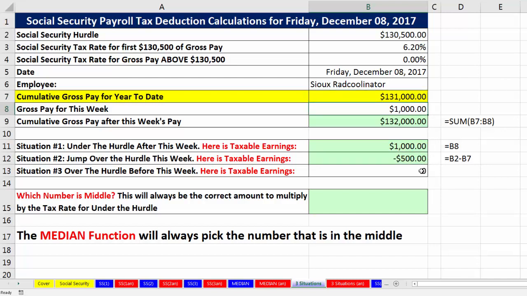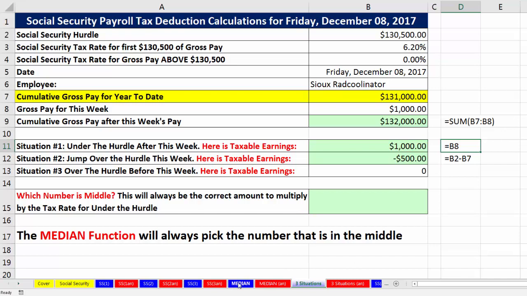If we were to sort them from the smallest number, minus 500, to the biggest one, the one in the middle is 0. So we have two formulas, equal the full amount or minus Social Security hurdle minus cumulative before, or 0. Those are the three things. If somehow we could automatically pick between these three things and always pick the one in the middle, that would be our formula. Now, the answer to this riddle is the median function.